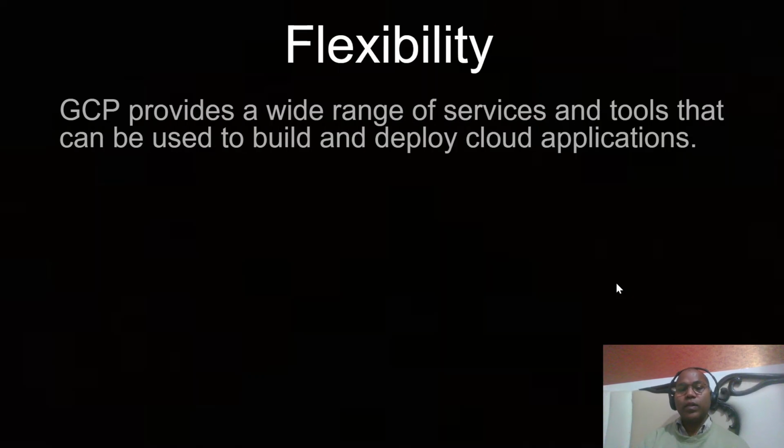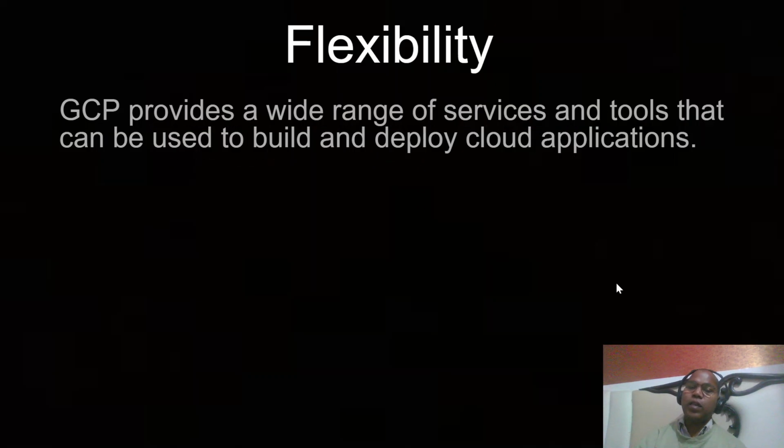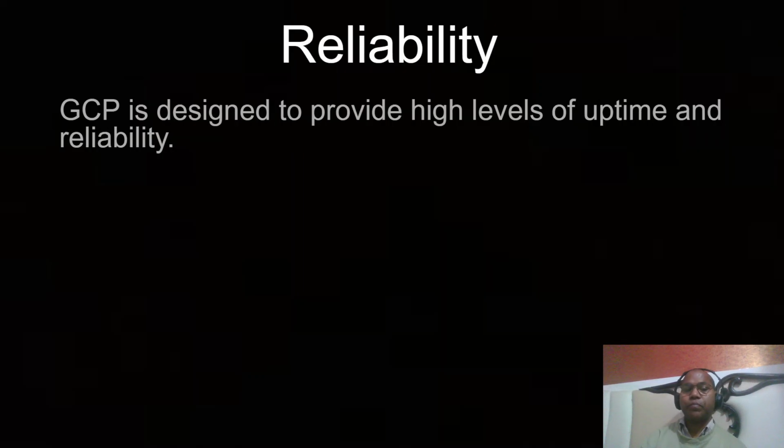And flexibility: as we mentioned, GCP provides a wide range of services and tools, so you can build, deploy, and run cloud services anywhere, anytime, and your customers can access your application anytime, anywhere, from a browser, the internet, or third-party services.